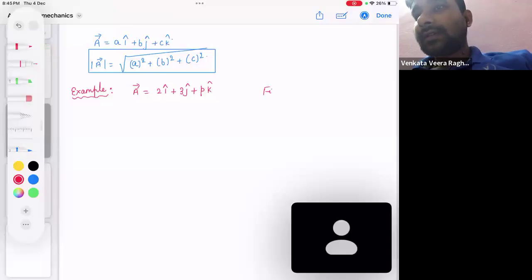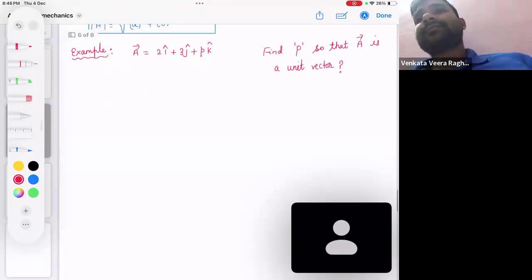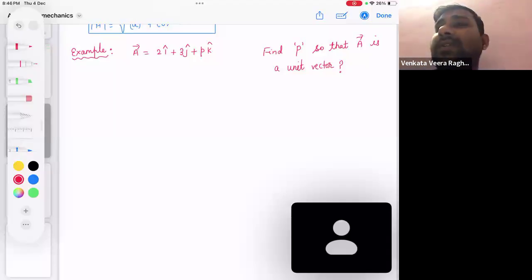They're asking to find p so that vector A is a unit vector. Is that clear? Do you understand the question? Find the value of p so that this vector can be treated like a unit vector. Please tell me, is that clear?